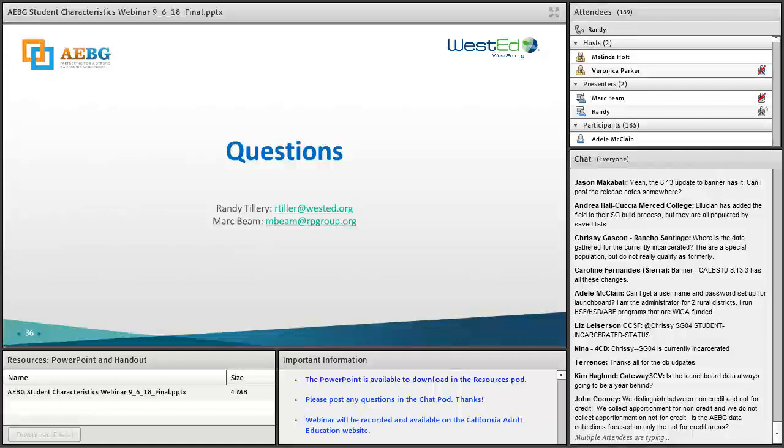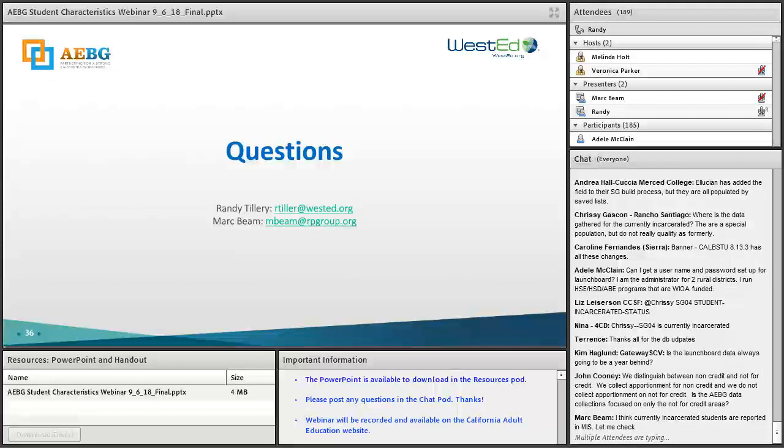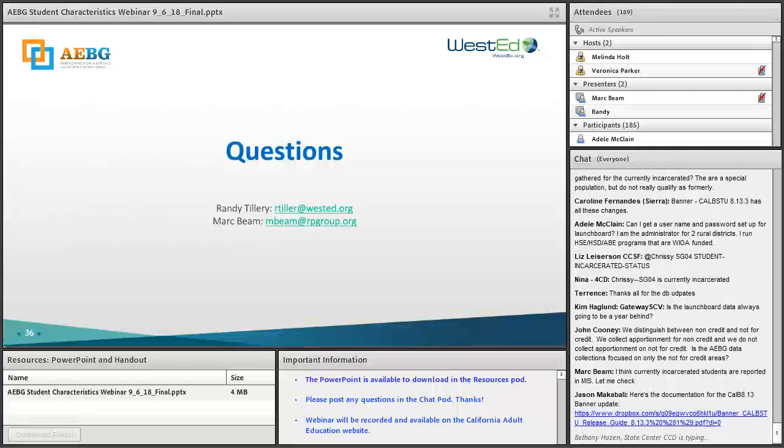Is the Launch Board data always going to be a year behind? This is a really good question that we are actually in the process of trying to figure out. I'll just say a couple things about the data that's up there currently.